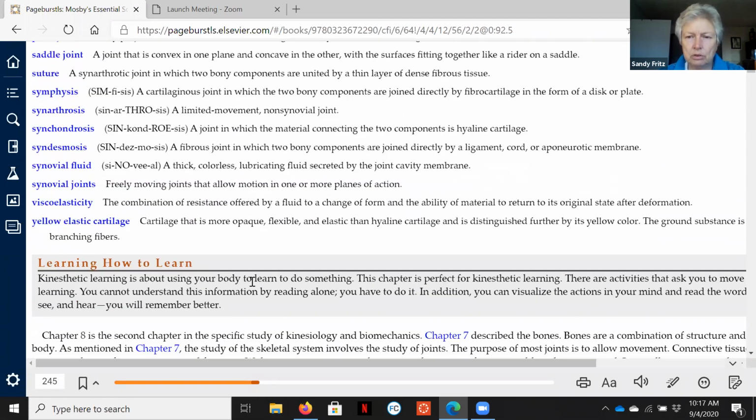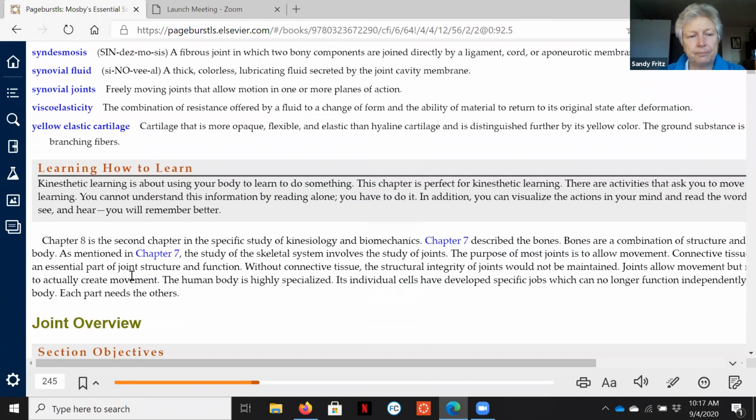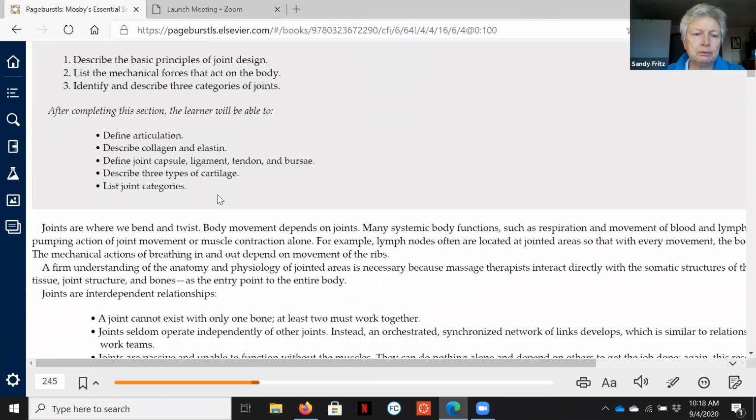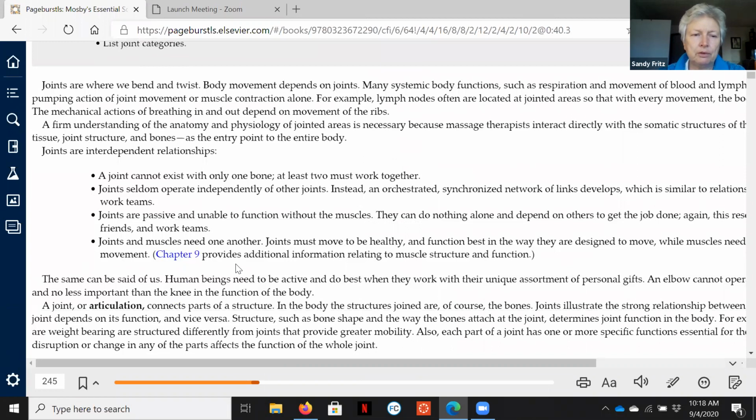Learning how to learn, and you can learn this stuff by moving yourself. So when we're talking about a particular joint, then you're going to want to move that joint. So in general, there's two places in order for us to move. This is like a hinge on a door.